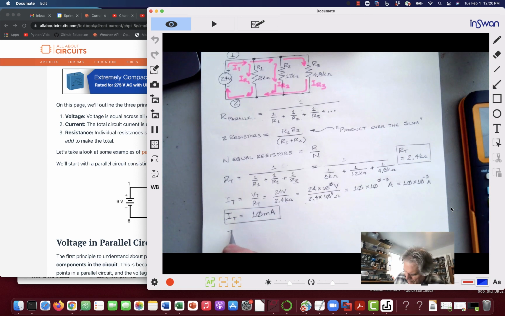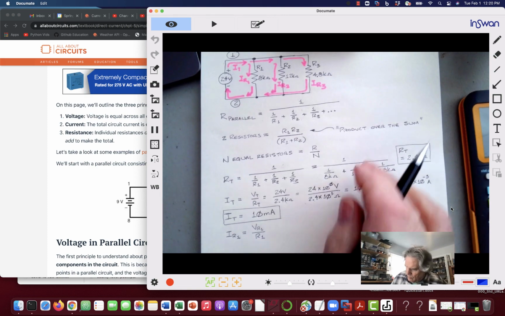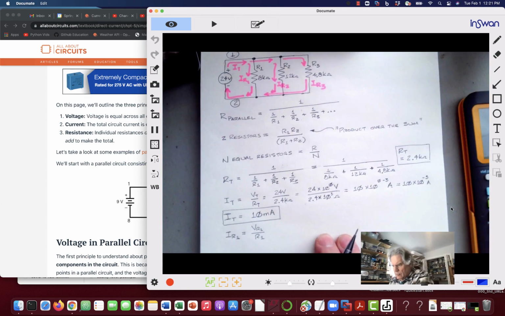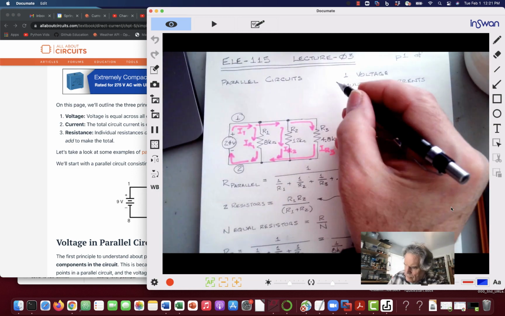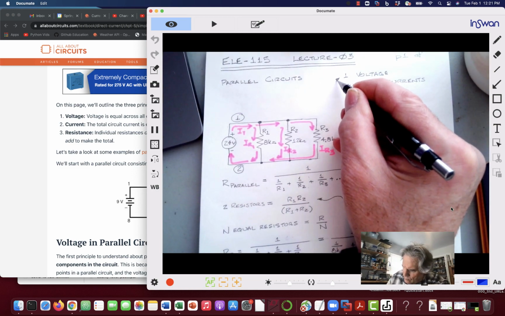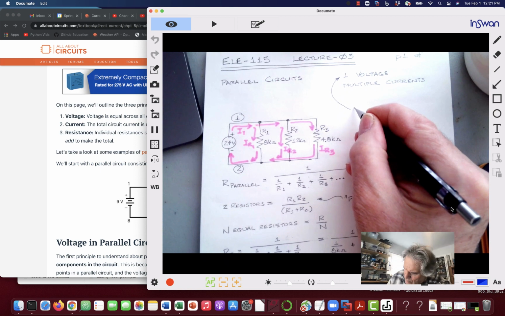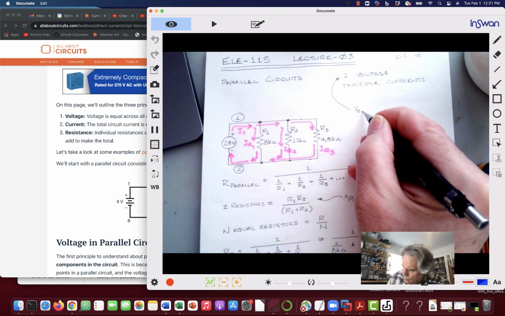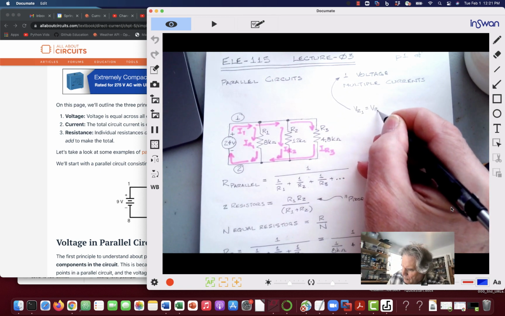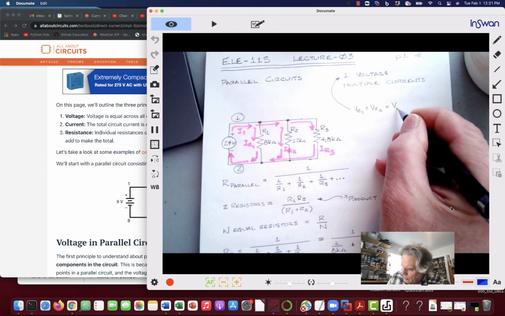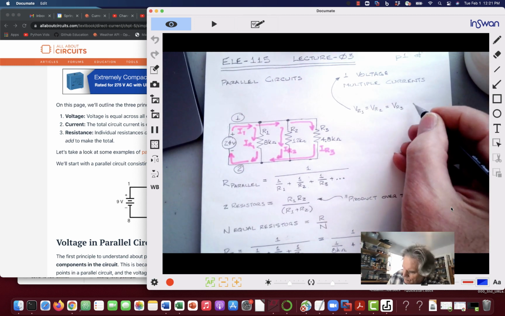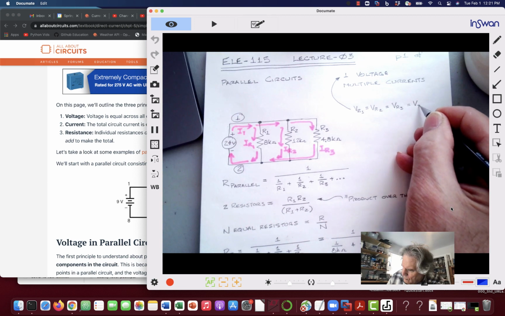So if I want IR1, I can say, well, that's going to be VR1 divided by R1, and VR1, we'll go up and make a little note up here. VR1 is equal to VR2 is equal to VR3 is equal to V total in this case.